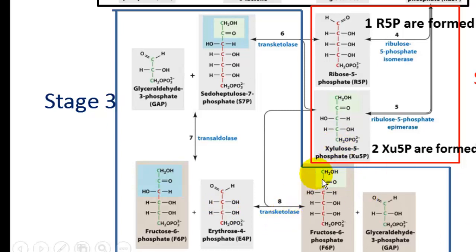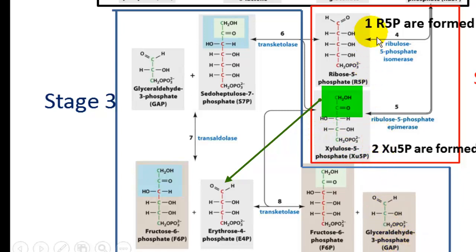In this particular case, that C double bond O, CH2OH is going to get transferred to the anomeric carbon of erythrose 4-phosphate, and you're going to get two molecules. One of them is fructose 6-phosphate, and the leftover xylulose 5-phosphate, by virtue of transferring this C double bond O CH2OH to erythrose 4-phosphate, gets converted to glyceraldehyde 3-phosphate.